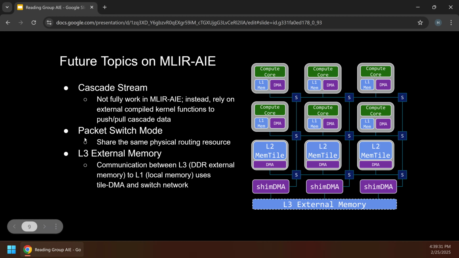And also for the L3 external memory, today we only discussed the communications inside the AI Engine array.